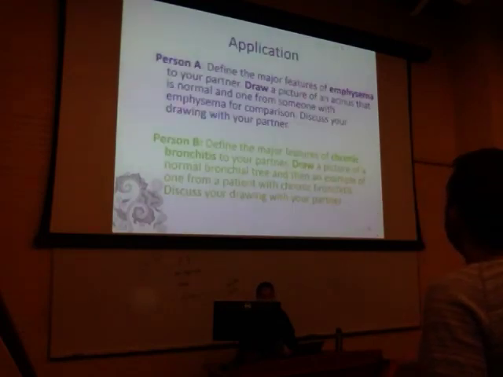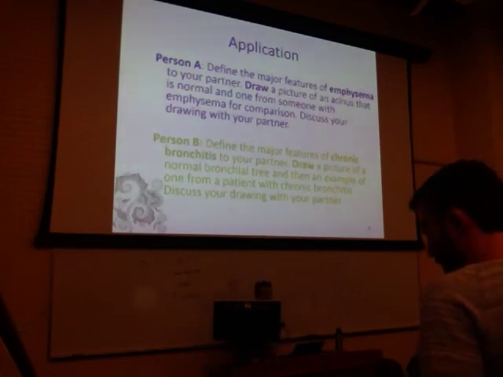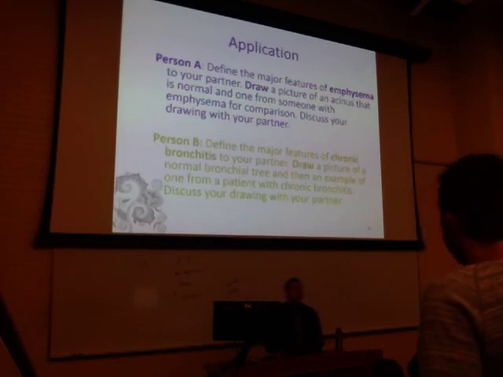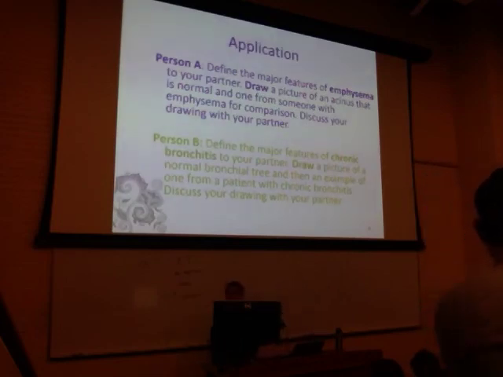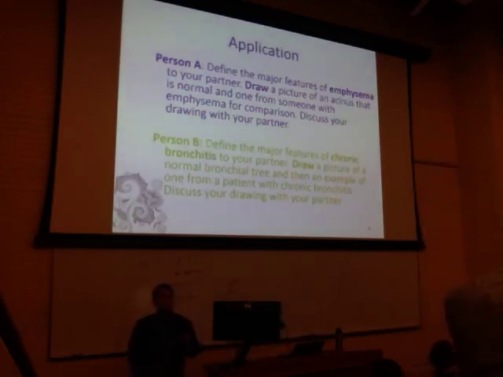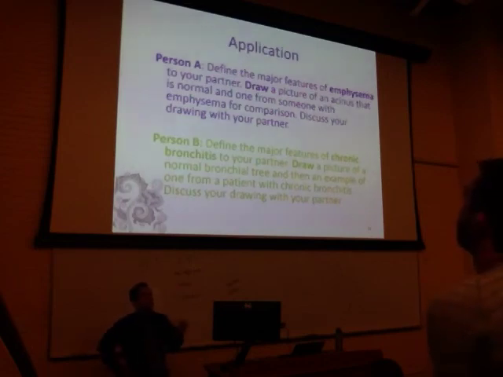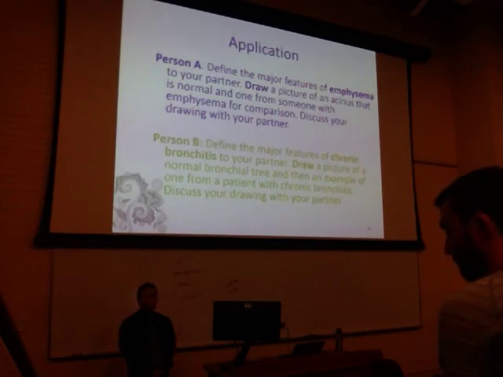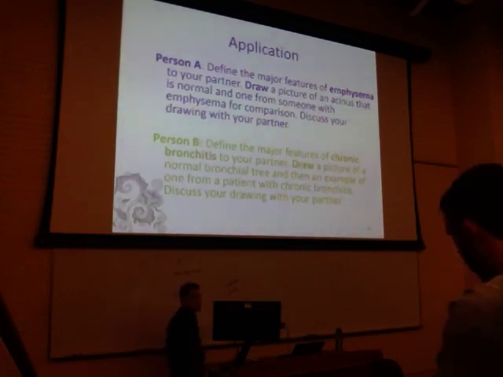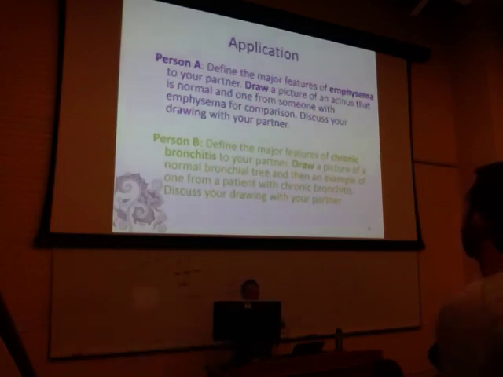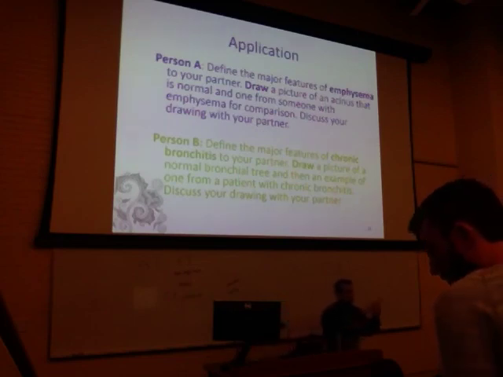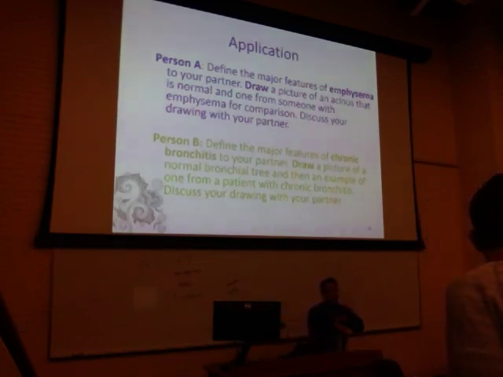Okay. What I would like for you guys to be able to do, this is a take-home assignment, because I think it's a good tool for you guys to be able to determine how well do you understand emphysema versus chronic bronchitis. Okay? So I want you to draw and define the major features of both. This says person A and person B. But I really want you to do this as homework.